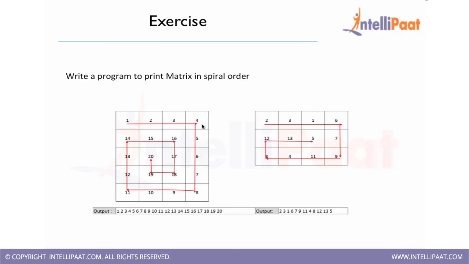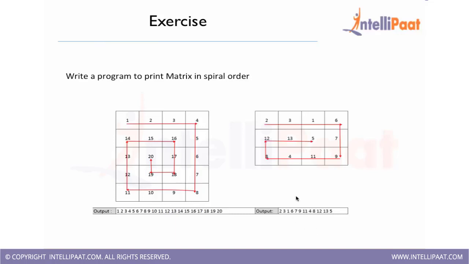First you need to go like this, then this, then this, towards the center of the matrix. So if you go like this, then the output will be 1 2 3 4 5 6 7 8 9 10 11 12 13 14. This is the output that should be printed given this matrix. So if this is the matrix, this should be the output.